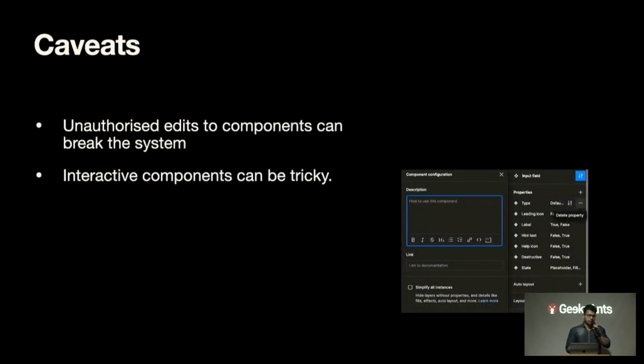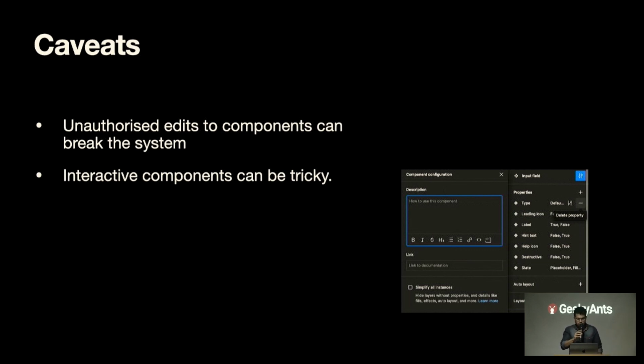It goes without saying we should also acknowledge some of the shortcomings of the current system. The first and biggest shortcoming is that if a designer makes some unauthorized edits to the components, so if I, for instance, just change the name of the component, right? Then I have breached that contract, which I share with the designer and my client.